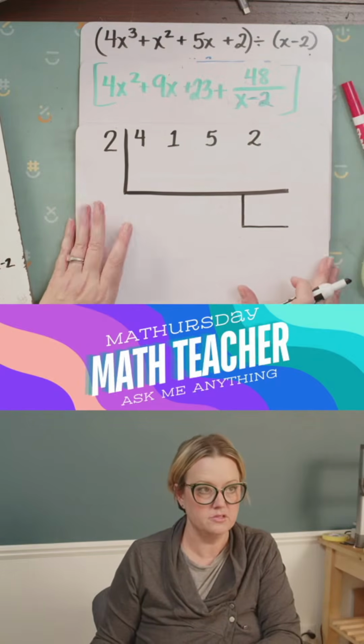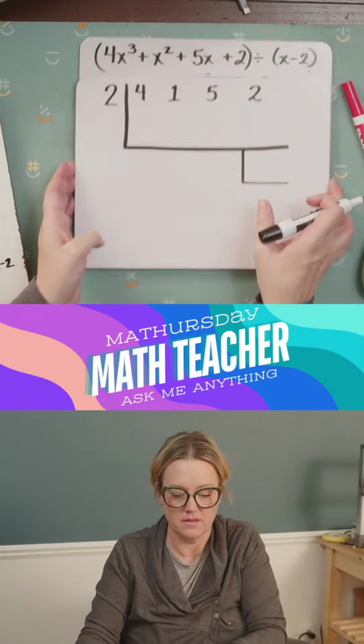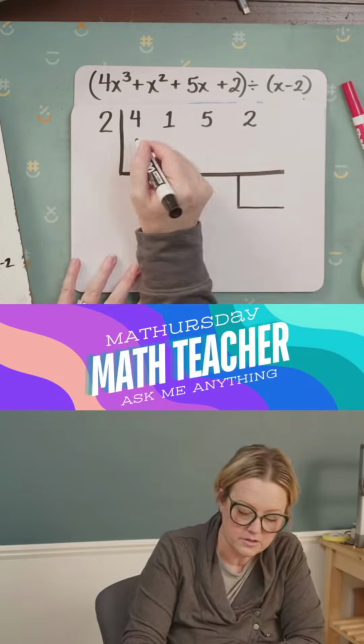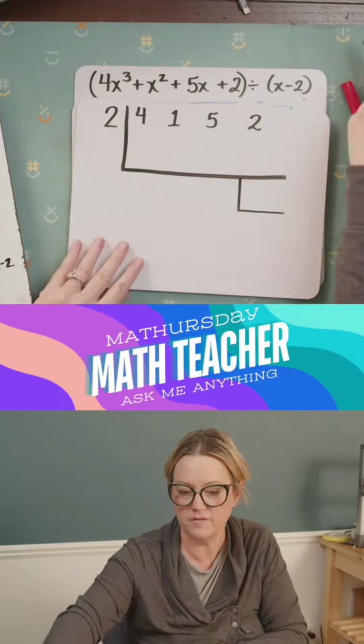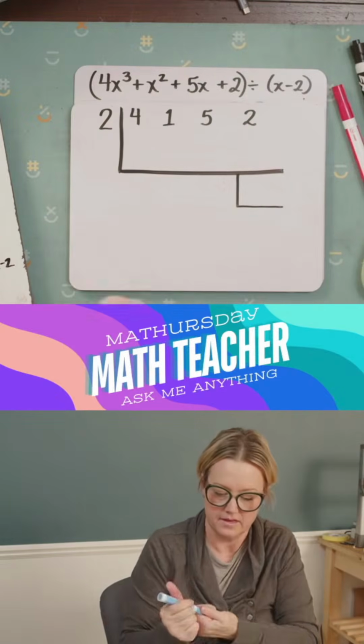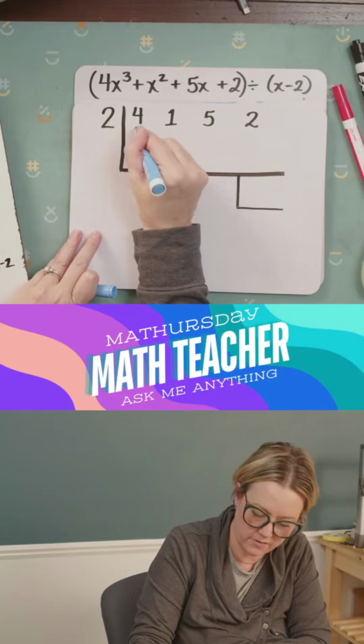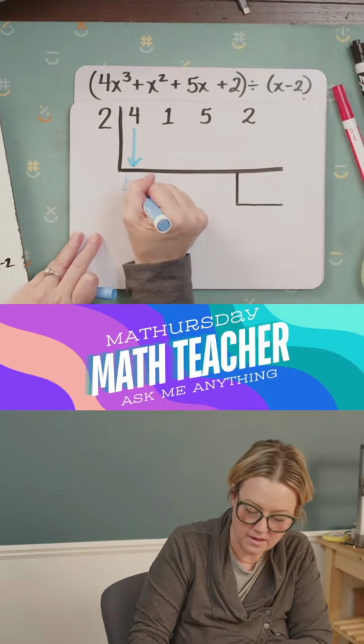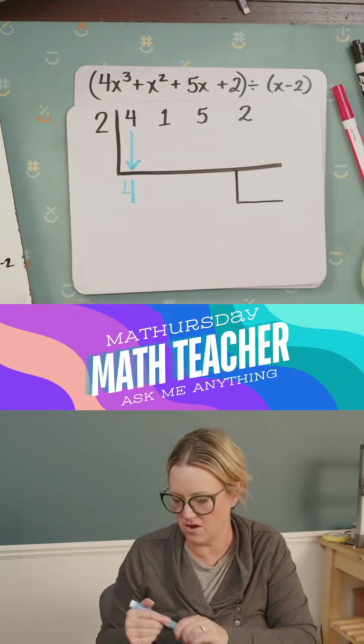Okay. So here's what I'm going to do. Again, this is synthetic division. The first step is you bring down this first coefficient, and that's 4. That's kind of hard to read, sorry.